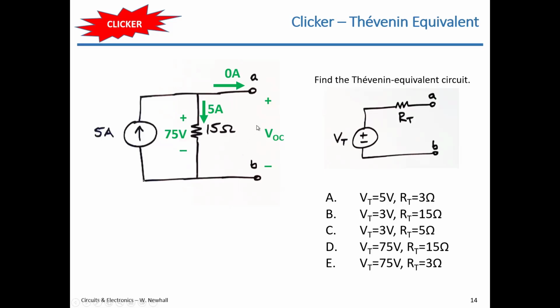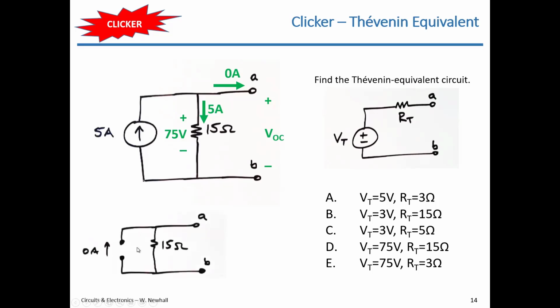To calculate the Thévenin resistance, since we only have an independent source here, there's no dependent source. You cannot do this technique I'm talking about when you have a dependent source or a diamond in your circuit. So what I can do is I can redraw this circuit. I can zero out that source, make that source 0 amps.